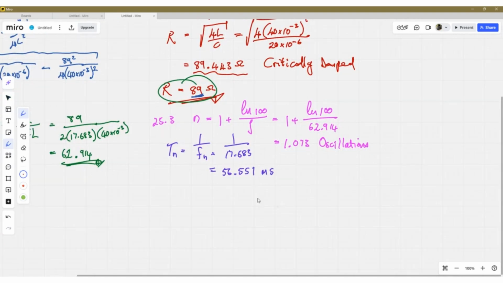That's the period multiplied by N: 56.551 times 1.073, which gives a total time of 60.679 milliseconds.